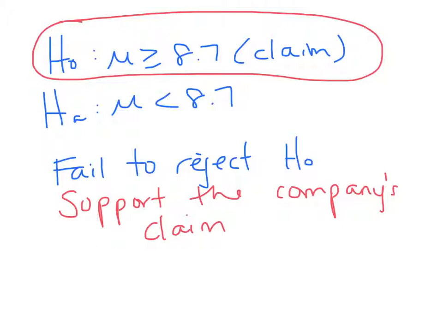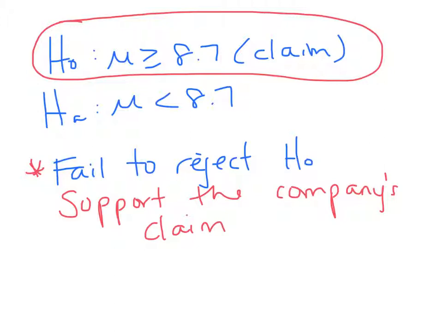It depends on where your claim is. If my claim happened to be in H sub A for this one, and I did not reject H sub 0, it would mean something different. It would mean I couldn't support my claim. But our first decision is always what we are doing about H sub 0 using that p-value. And then we go back and ask, does that mean I can support the claim or not?